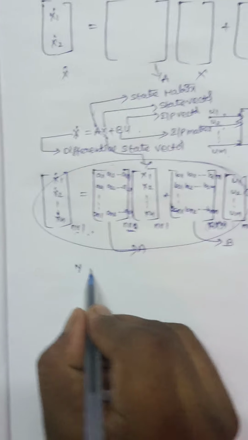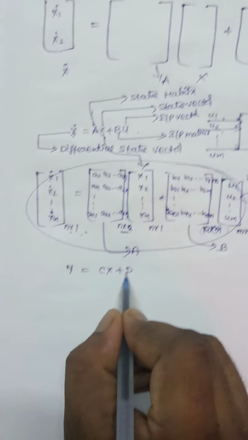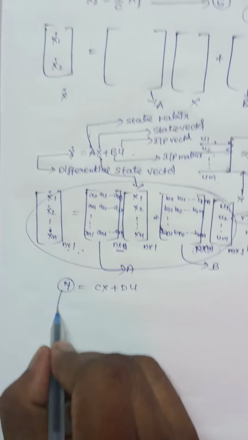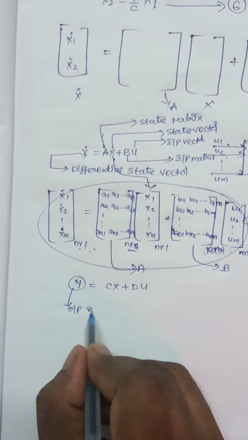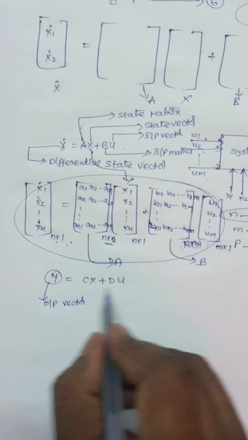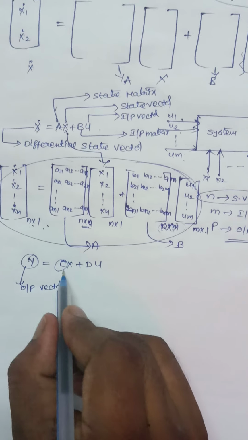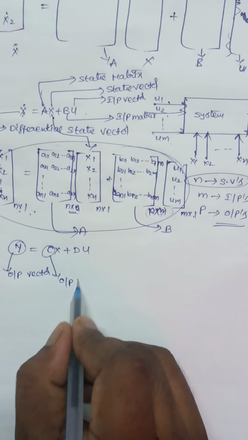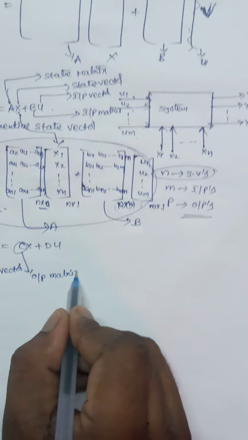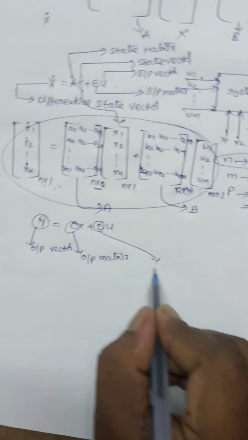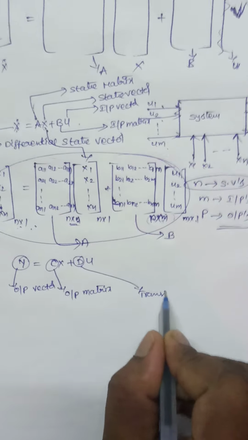Also in this output equation, y is equal to cx plus du. Here y is the output vector. Y is nothing but the output vector, and x we already discussed, it is the state vector. C is nothing but the output matrix, and D is the transition matrix.